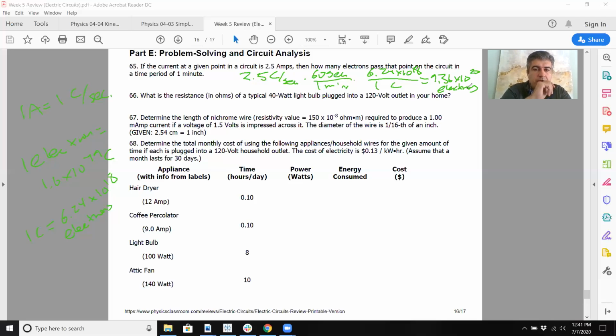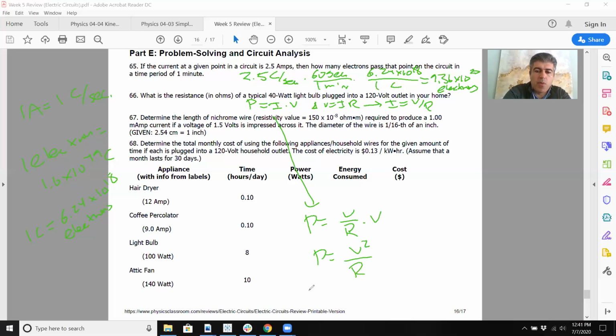What is the resistance of a typical 40-watt light bulb plugged into a 120 volt outlet in your home? Now remember, power equals IV, and V equals IR. So if you want resistance, you can substitute I equals V over R. So power equals V over R times V. Your power is 40, and V is 120 squared.